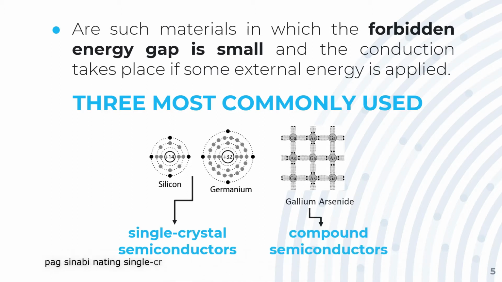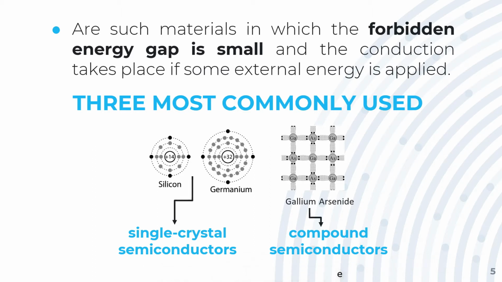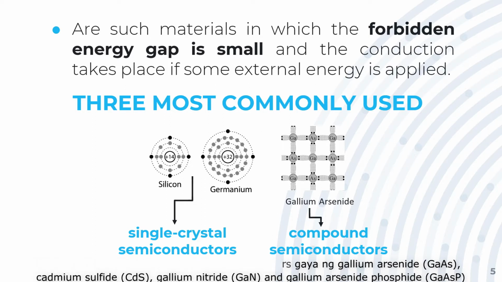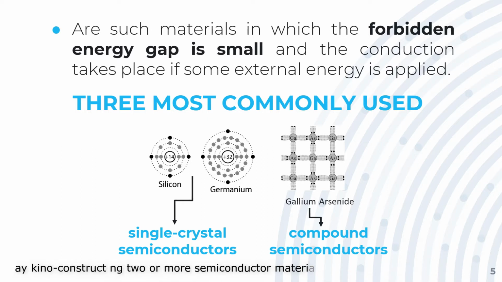Pag sinabi nating single crystal semiconductors, ito ay ang germanium and silicon na merong repetitive crystal structure, kung saan ang kanilang compound semiconductor gaya ng gallium arsenide, cadmium sulfide, gallium nitride, and gallium arsenide phosphide ay kinoconstruct ng two or more semiconductor materials of different atomic structures.